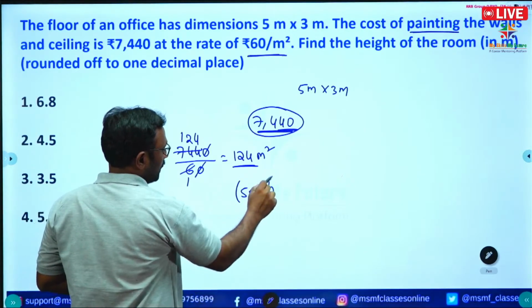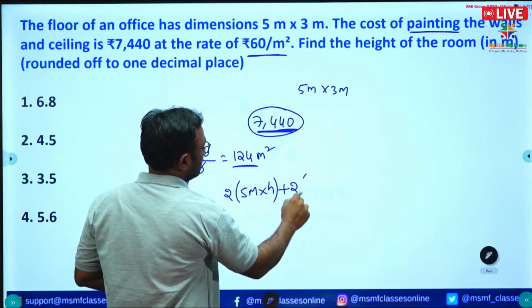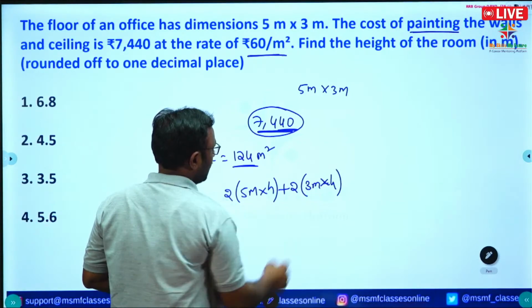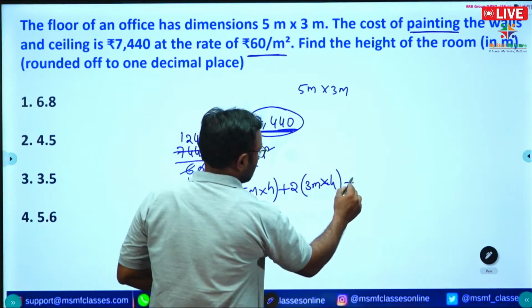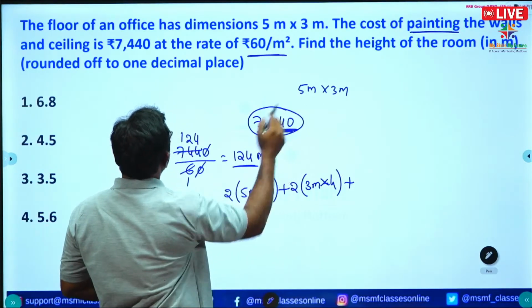So there are 2 such walls, plus another wall of 3 meters, and we don't know the height. Plus the ceiling, which has the same dimensions as the floor.